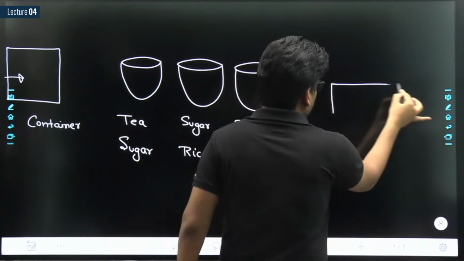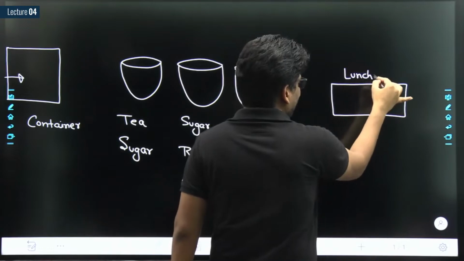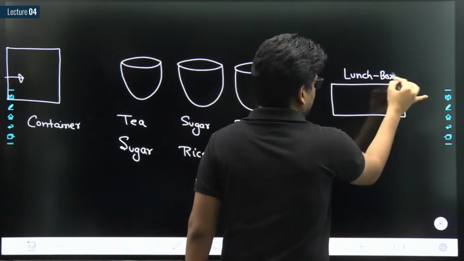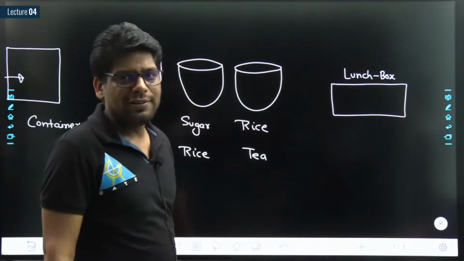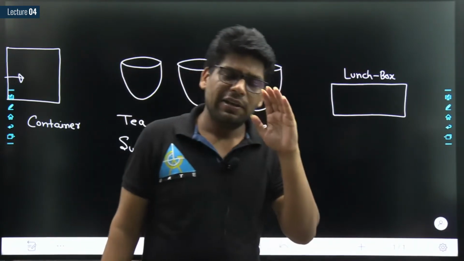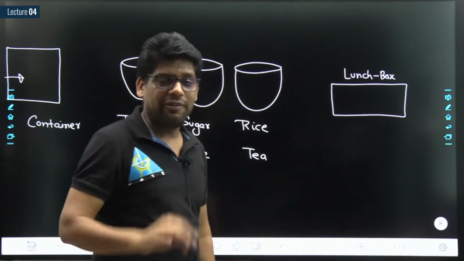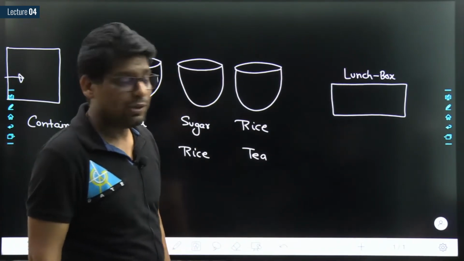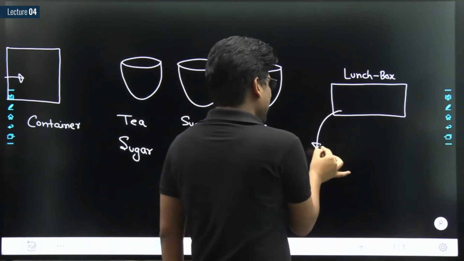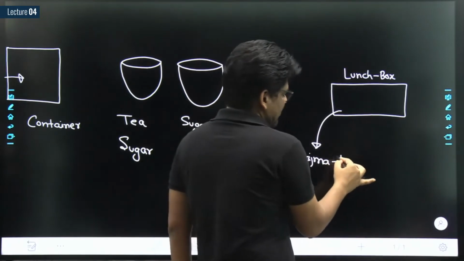Sir, a variable could be a lunch box. You are going to college, your mother gives you a lunch box daily. At the time of lunch, you open it. One day you have rajma chawal, rajma rice.